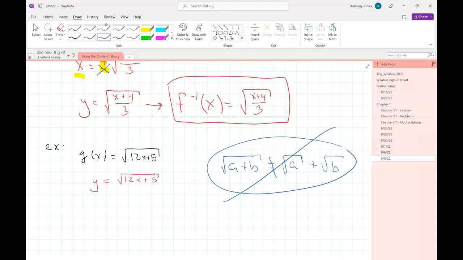If you try distributing anything else, you're wrong. So square roots, exponents, trig functions, logs if you had seen them, which you haven't, none of these things distribute. Multiplication, division only. What do I need to do to get rid of that square root, though?